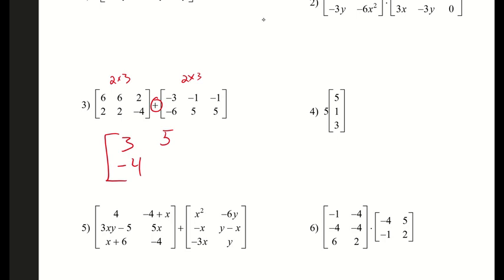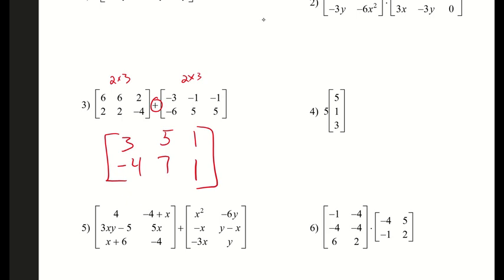And then first row, third column, 2 plus negative 1. And then you do that for every position in the matrix, and that is your result. You can only add or subtract 2 matrices when they are the same size.